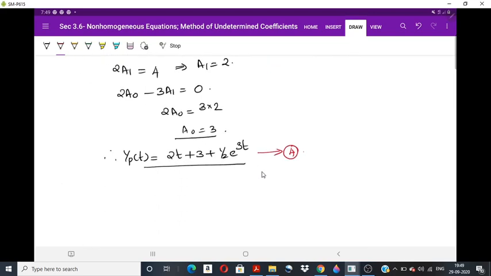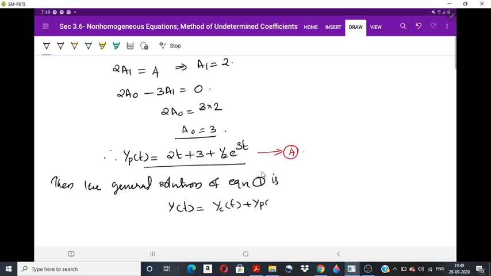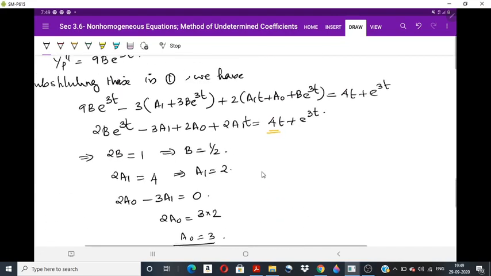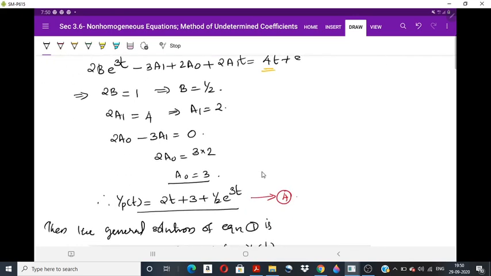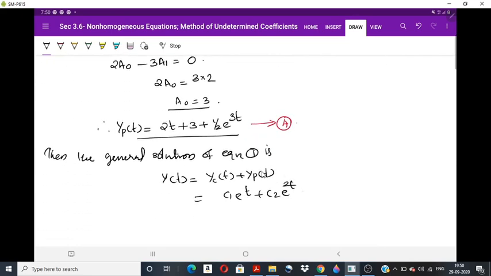Then the general solution of equation 1 is y of t equal to yc of t plus yp of t, or equation 3 plus equation 4, which is equal to c1 e raised to t plus c2 e raised to 2t, plus yp.